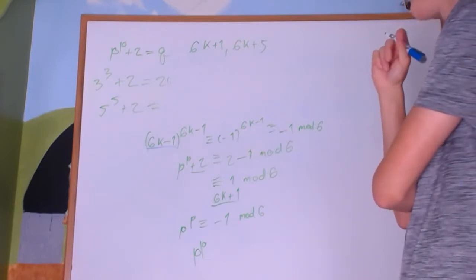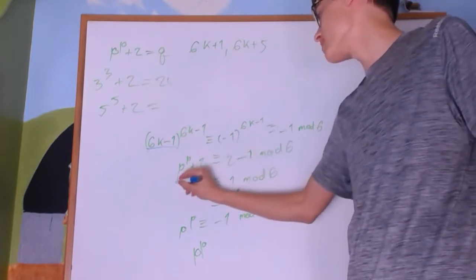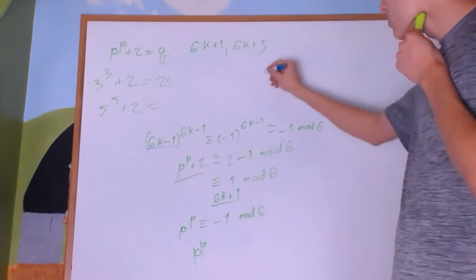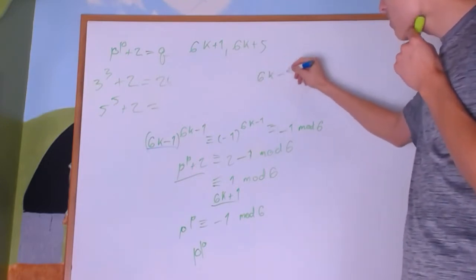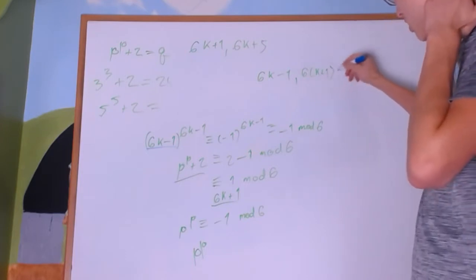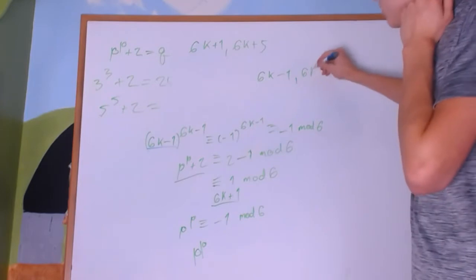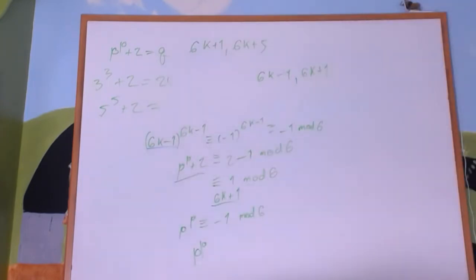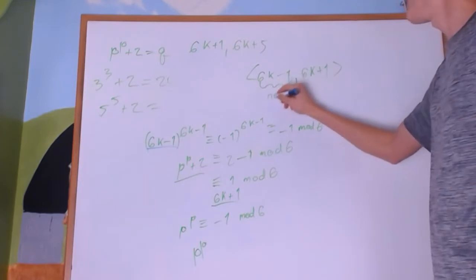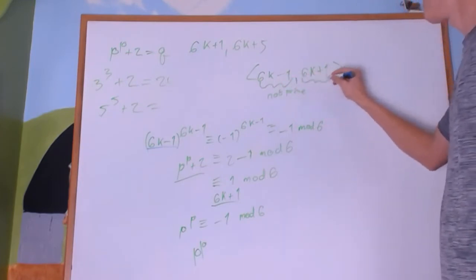So if this were to ever be prime, this is an example where you have 6k minus 1 and then 6k plus 1. So you have this pair, and you have it that this one is not prime, and this one is prime.